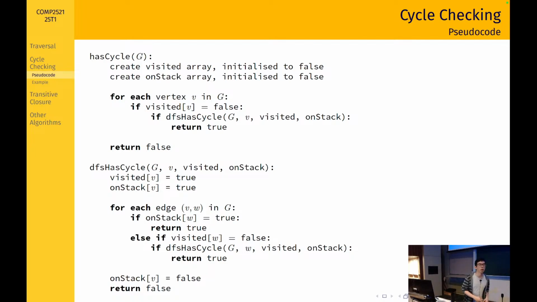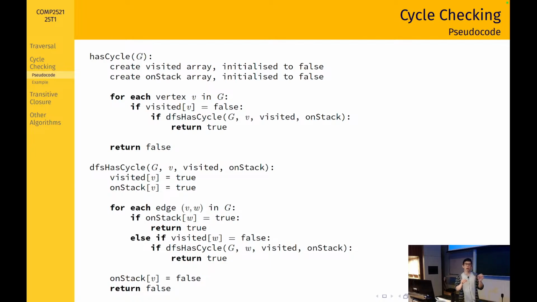Before we backtrack, can we set visited to false instead? So before we return, can we set visited[v] back to false? So would that work? I feel like that would work, but it would result in it being less efficient.